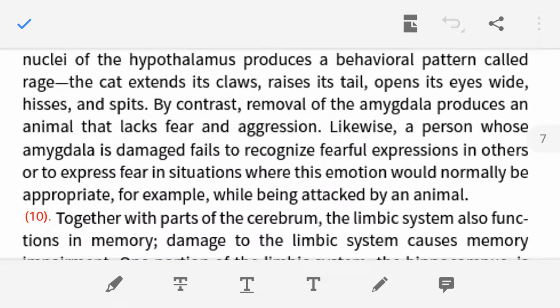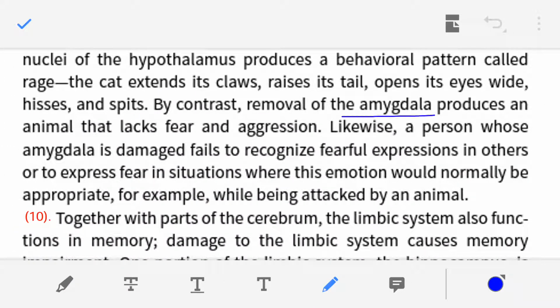Now by contrast, when the amygdala was removed, the animal lacked fear. They lost the fear sensation and their aggressive behavior when the amygdala is lost.